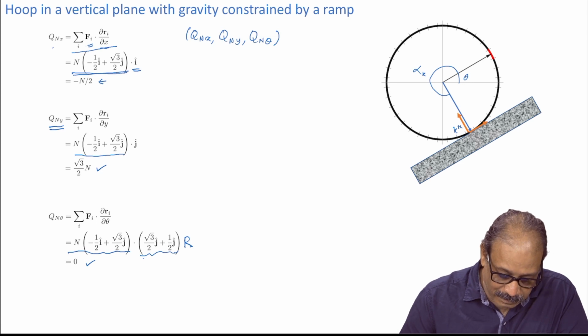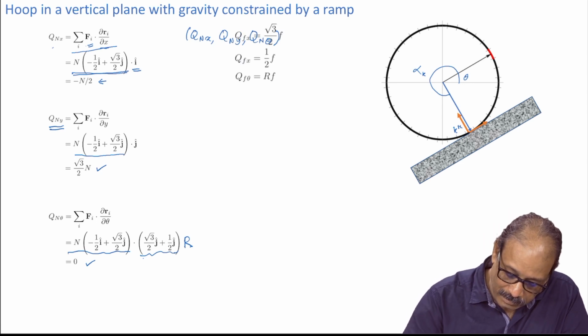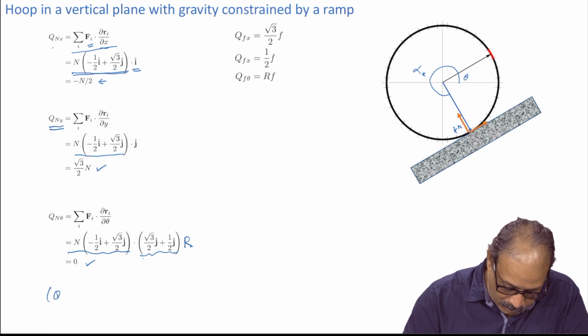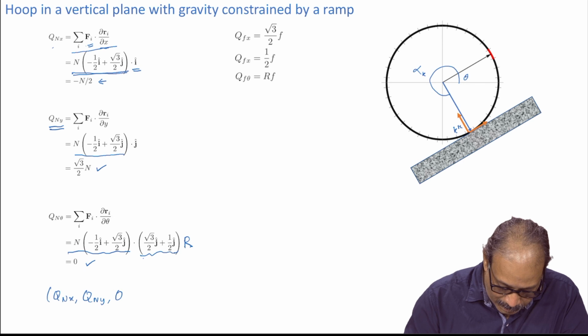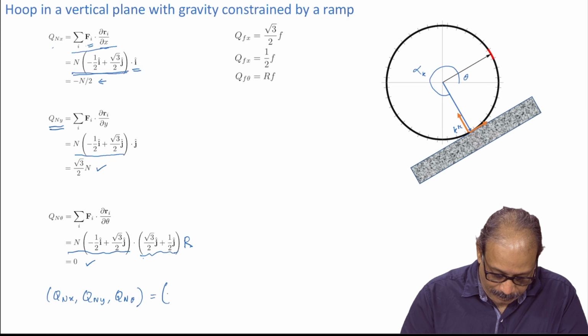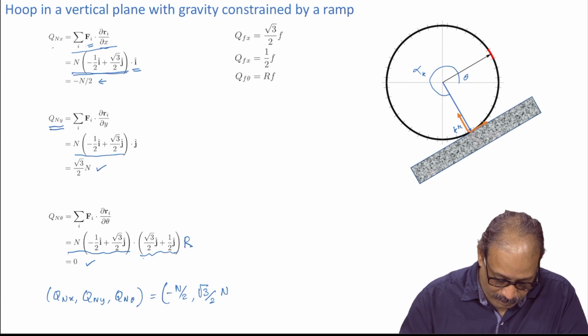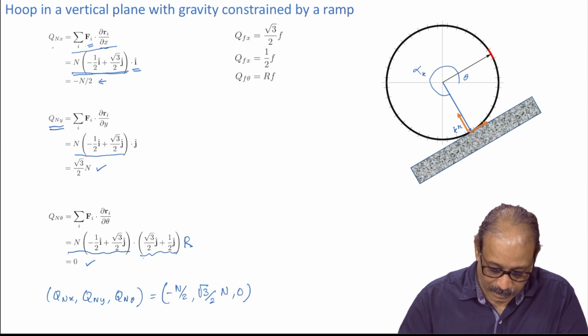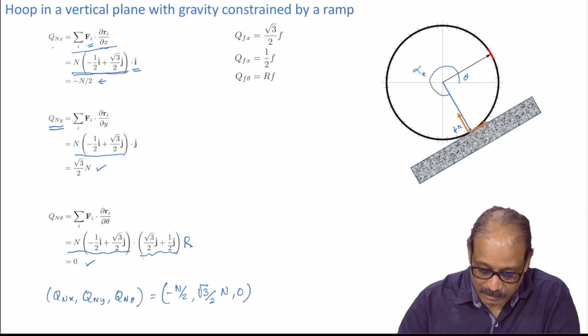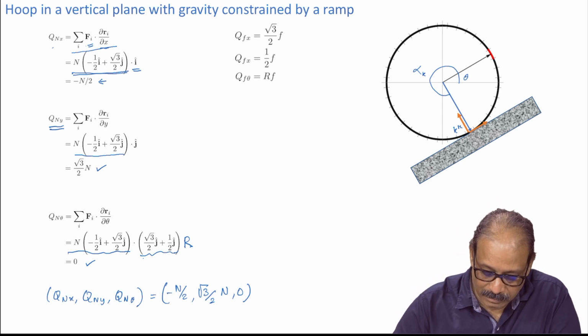So, finally, the three forces together, Q_x, Q_y and Q_theta, are nothing but minus n by 2, then square root 3 by 2 n, and 0. And similarly, the frictional force is of course the force which is parallel to the surface of the ramp.